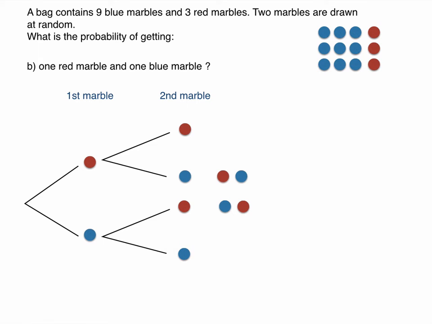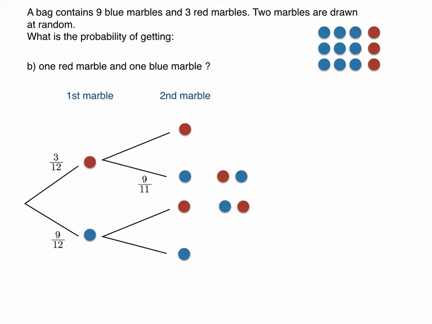So now we work out the probability of each one of those events. If you draw a red marble first, the probability of that happening was 3 on 12, or 1/4 if you like. The probability of drawing a blue for the first marble is 9 on 12. When it comes to the second marble, if you draw a blue and you've drawn the red one first, you've got a probability of 9 over 11.